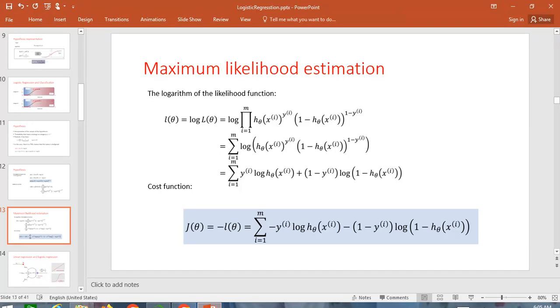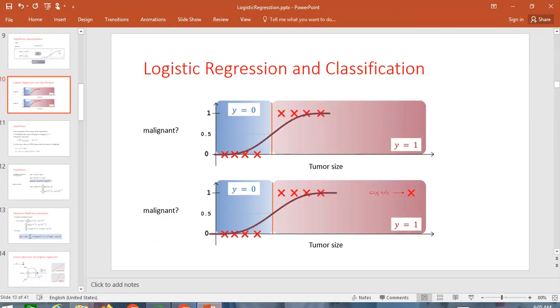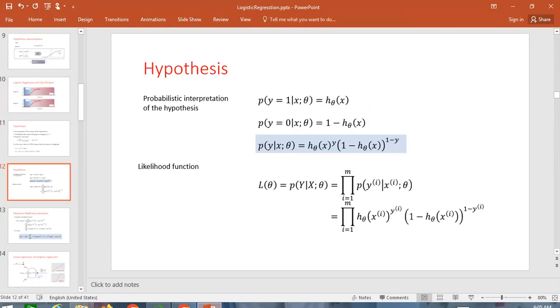We want to further explore the probabilistic interpretation of the output. You can combine these two formulas and have one formula. If you know Bernoulli's explanation, you are already familiar with this formula.